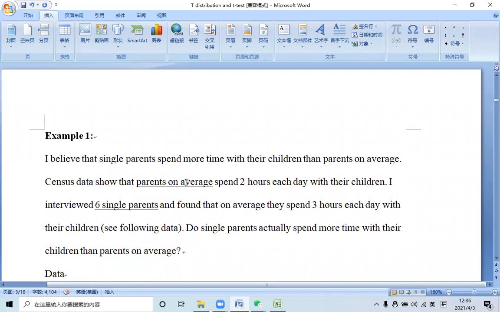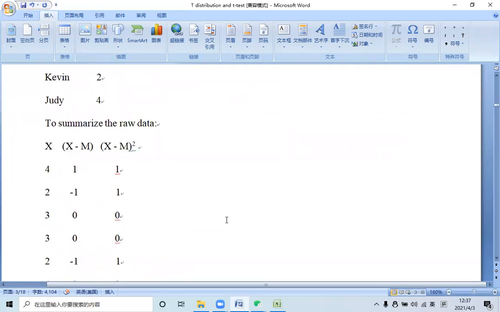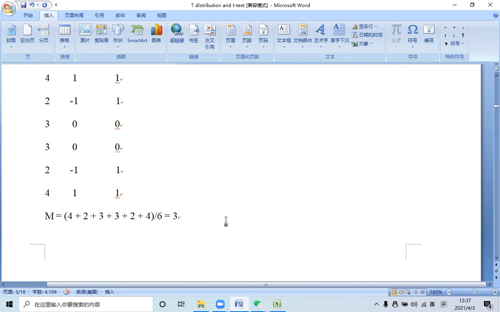We know that average parents spend 2 hours each day with their children. And your sample shows 3 hours. These 6 people are single parents. This sample on average spends 1 hour more than the population of average parents.